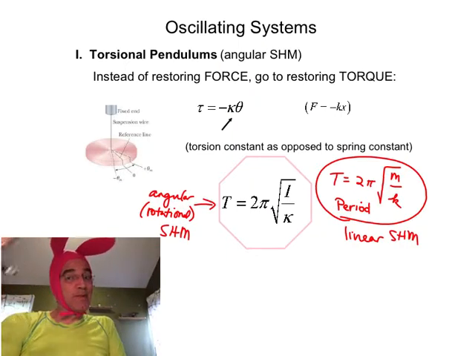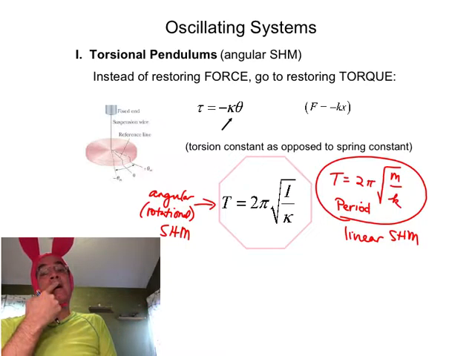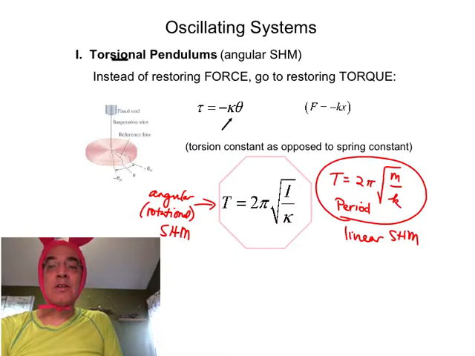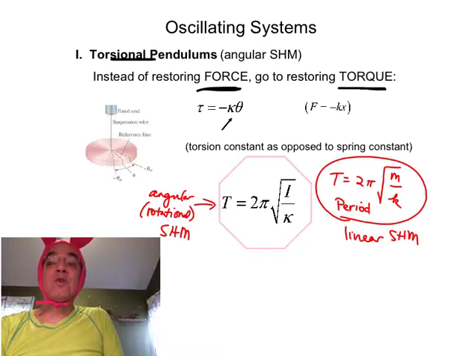And while we're talking about simple harmonic motion, there's a couple more that we need to talk about now that we know angular things. It turns out that we can have something called a torsional pendulum, which instead of restoring force, we are restoring torque.